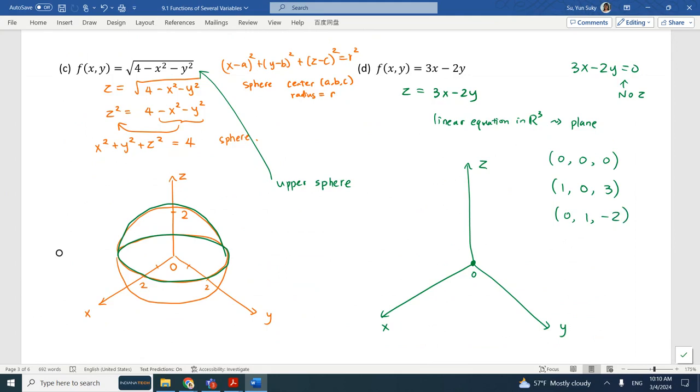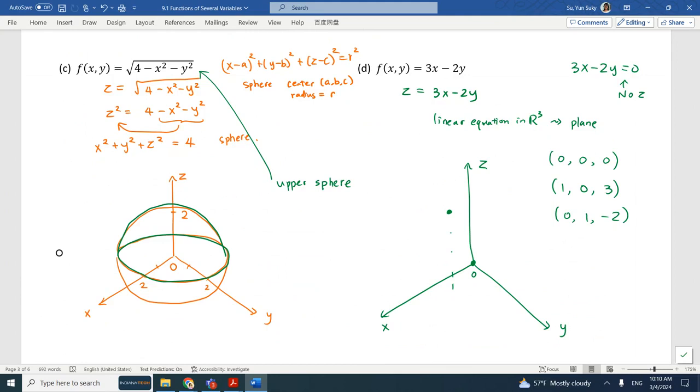So 0, 0, 0, and 1, 0, 3, right? So Y is 0, and then we go up 3 units. So 1, 2, 3, right here. Is that okay, everybody? The X is 1 unit, the Y is 0, so don't move in the Y direction. The Z is 3, we go up 3. Okay?